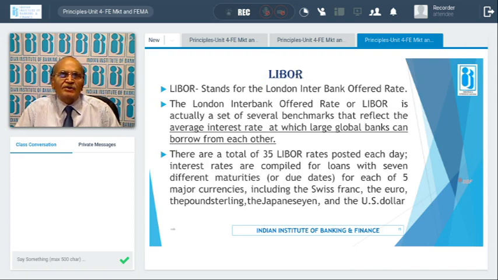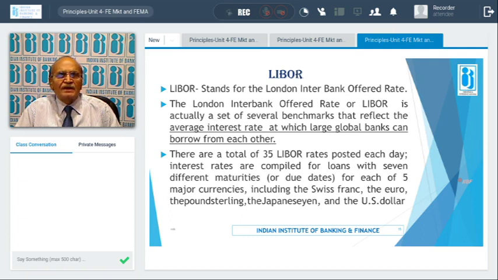The first terminology is called Libor. Libor stands for London Interbank Offered Rate. This is actually a set of several benchmarks that reflect the average interest rate at which large global banks can borrow from each other.